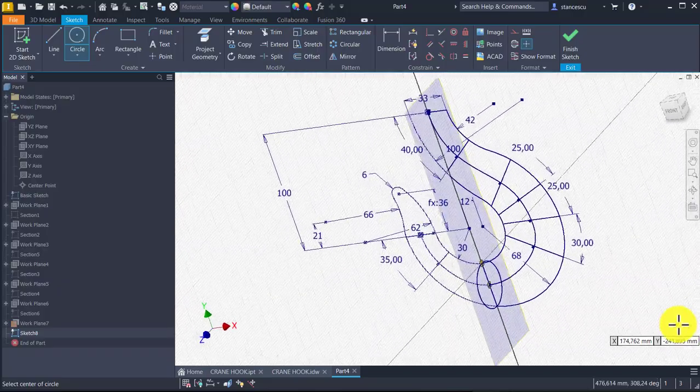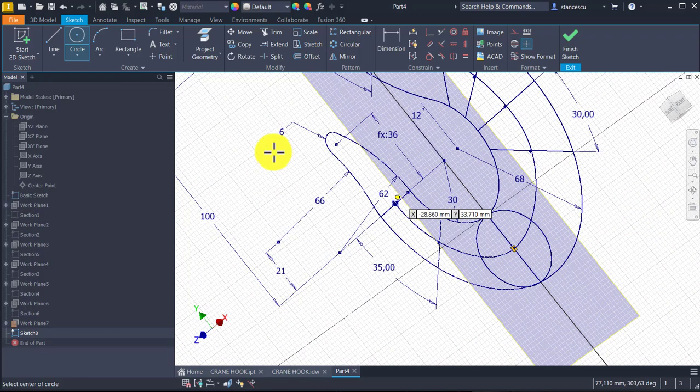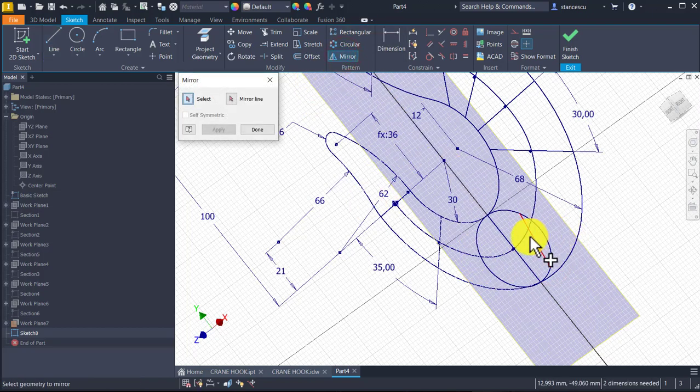This is right, this. Line from this point to this point, then mirror line about this axis, apply, done.